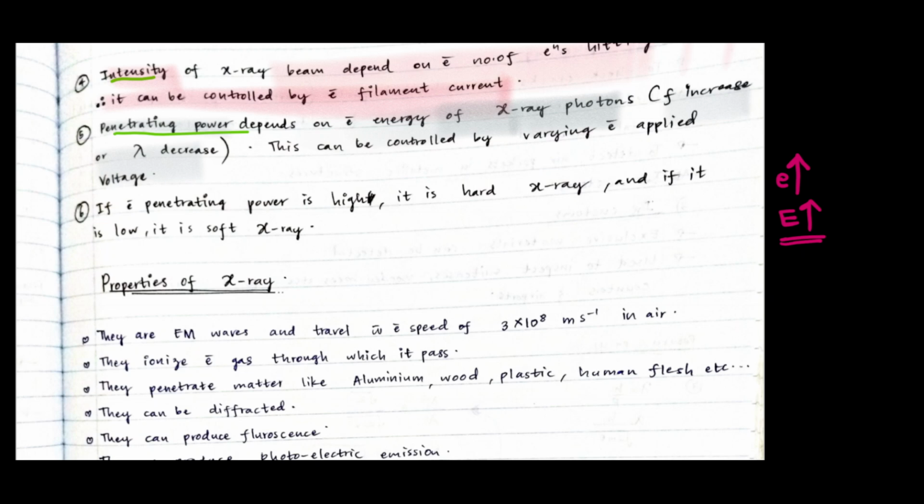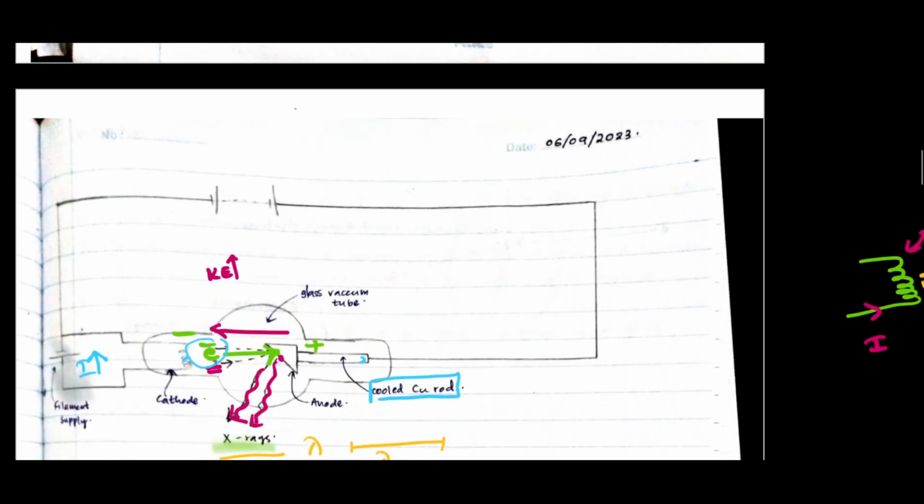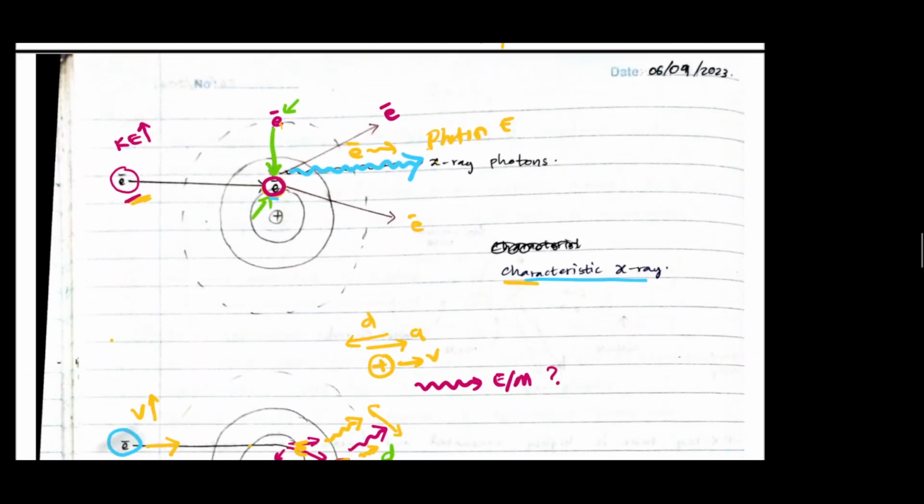And how to control this? This can be controlled by the applied voltage. Why? This voltage applied is responsible for the acceleration of the electron, which is in turn the kinetic energy of the electron as well as the energy of the photon.